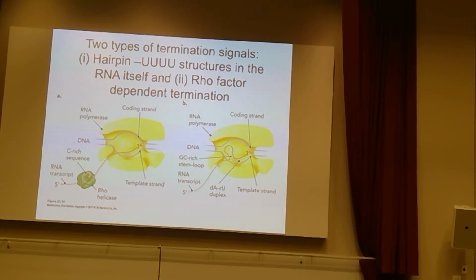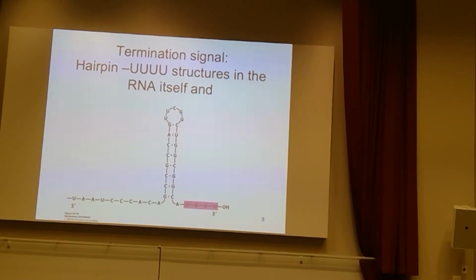The other is the function of this protein complex rho helicase, which chases along after the polymerase. And if it catches up, it pushes that polymerase off the DNA. Here is another picture of that stem loop type structure. And so we see that, yes, it's rich in these GC base pairs, and it's got a bunch of U's on the 3' side of that stem loop structure.